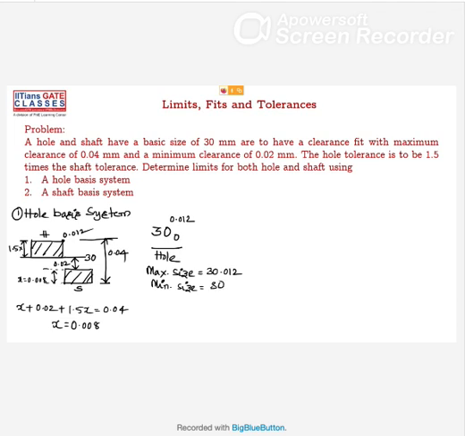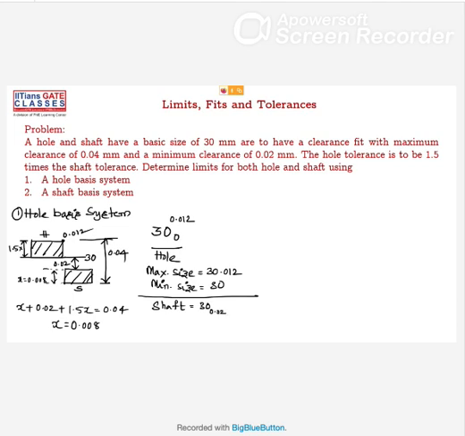Similarly for the shaft, the upper limit is 30 minus 0.02. So for the shaft, the bottom will be 0.02, that is what you can reduce, right?